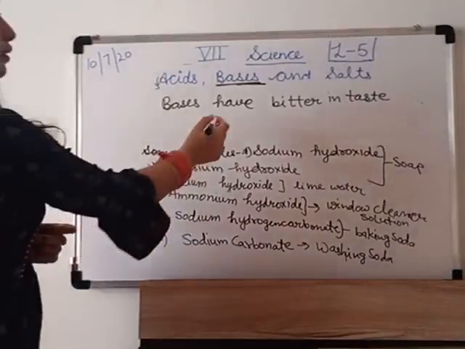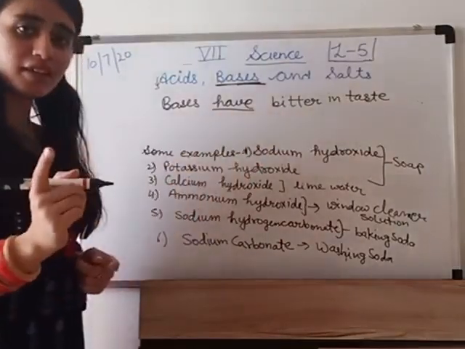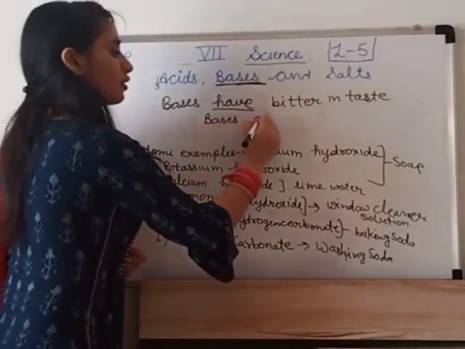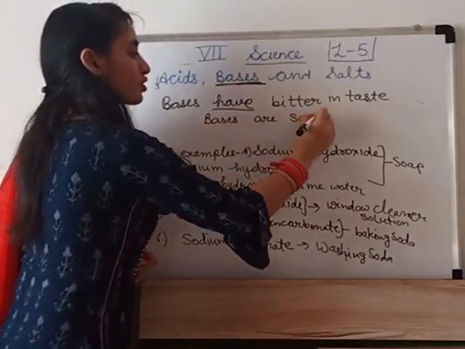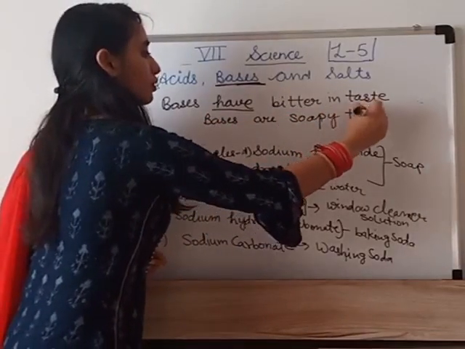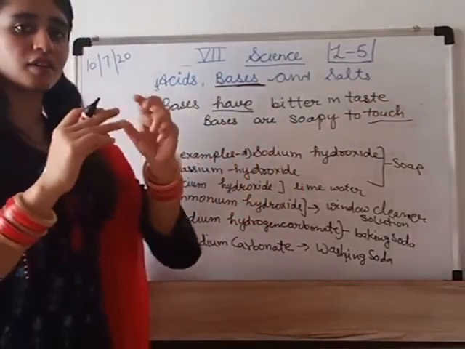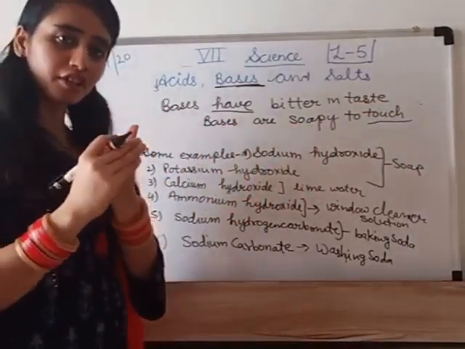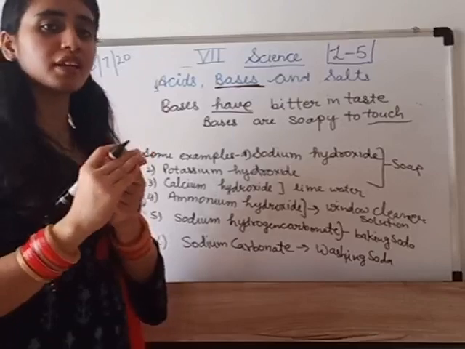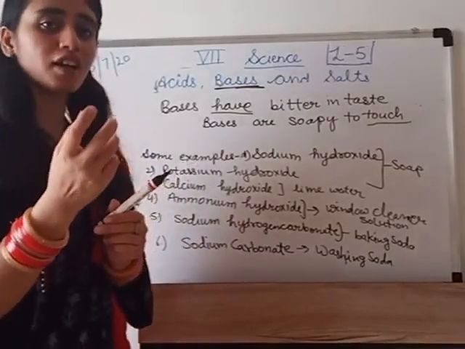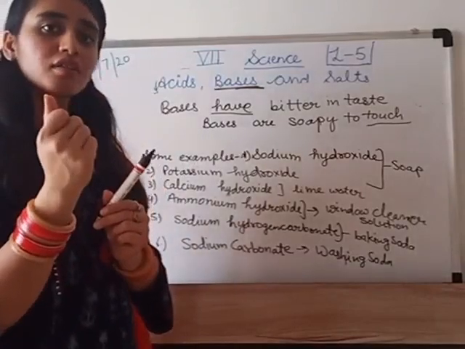Bases are bitter in taste, and also bases are soapy to touch. Soapy to touch means when we touch a substance which is included in bases, which is bitter in taste, we feel when we touch like this that these are soapy in nature.